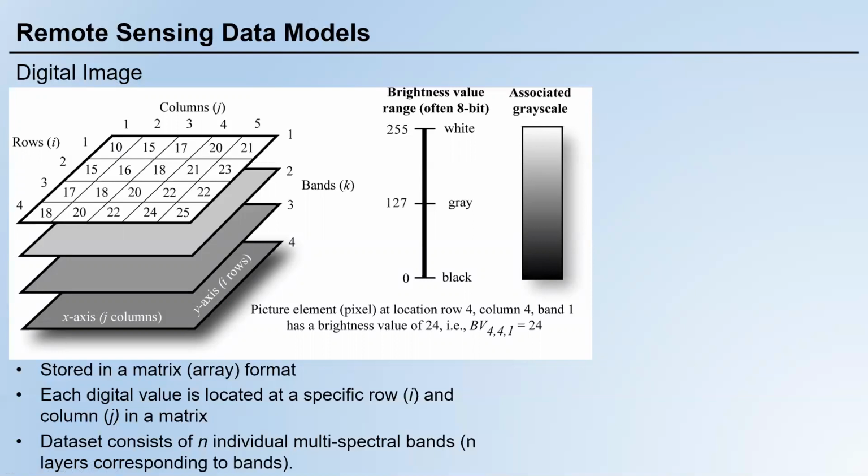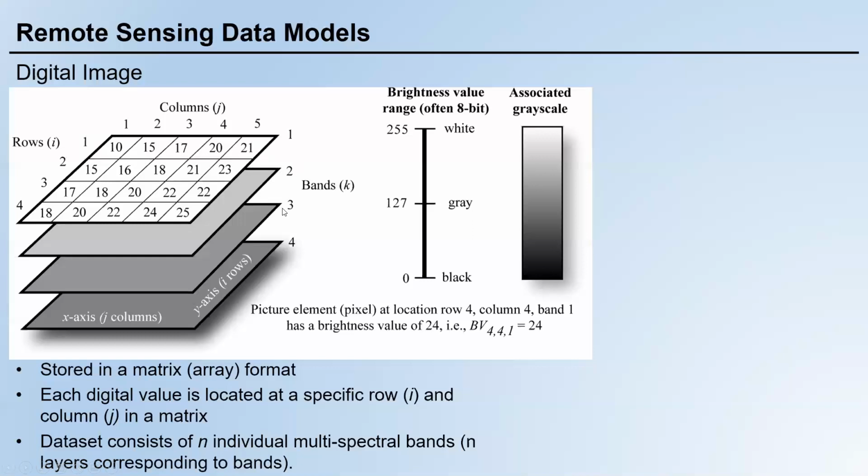Okay, if you follow this logic, you could expect that for this same pixel at band 2, it should have another DN value that addresses the reflected green energy from that pixel.